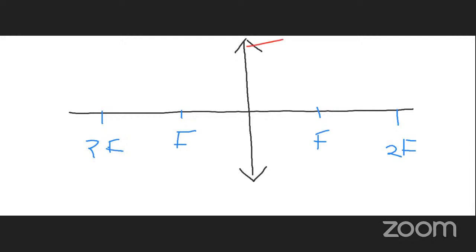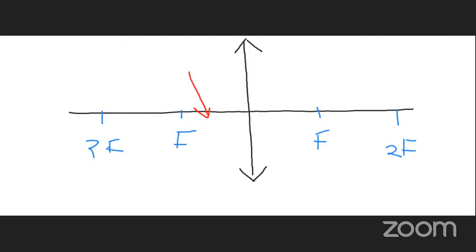Where I have the arrow, what is this? Convex lens, correct? Now what do you call this line? The principal axis.